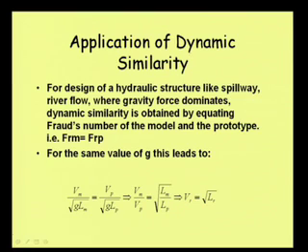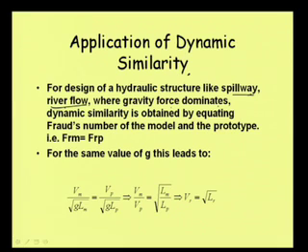Now, the application of dynamic similarity is very significant. For design of hydraulic structures like spillway and river flow, that is, problems of open channel flow, the gravity force dominates.